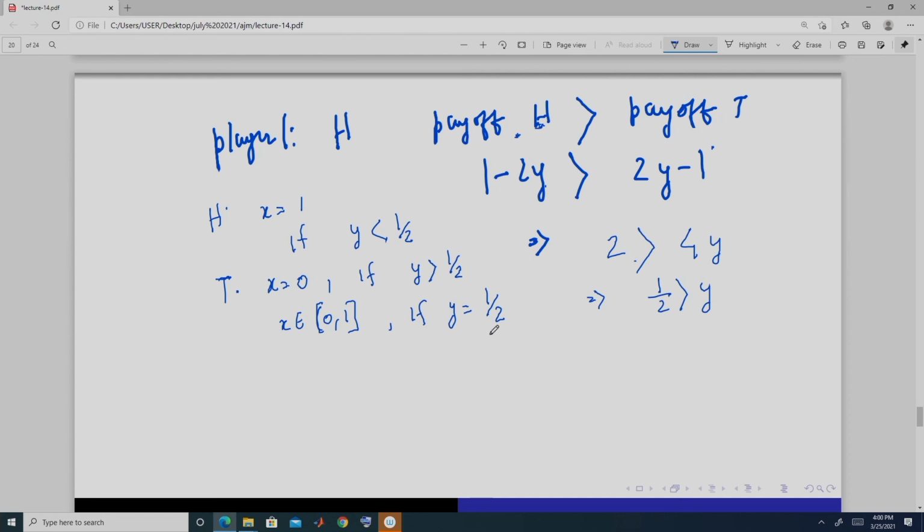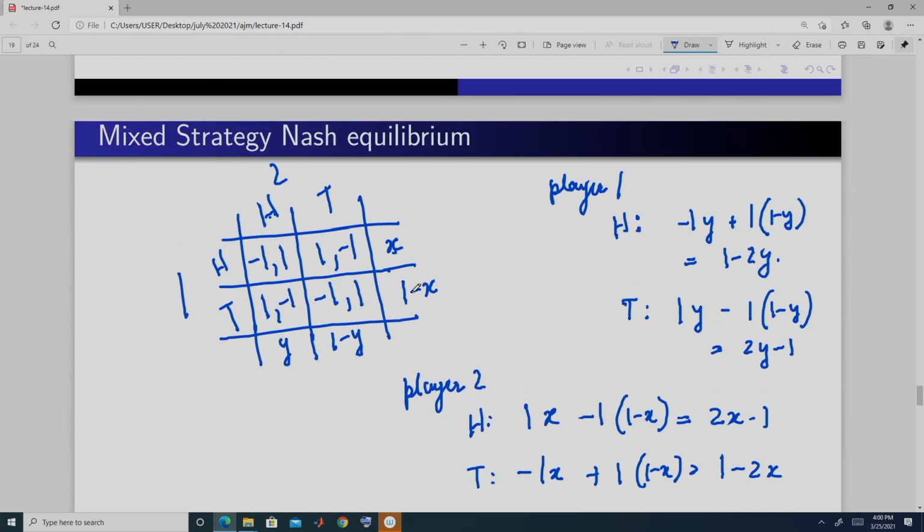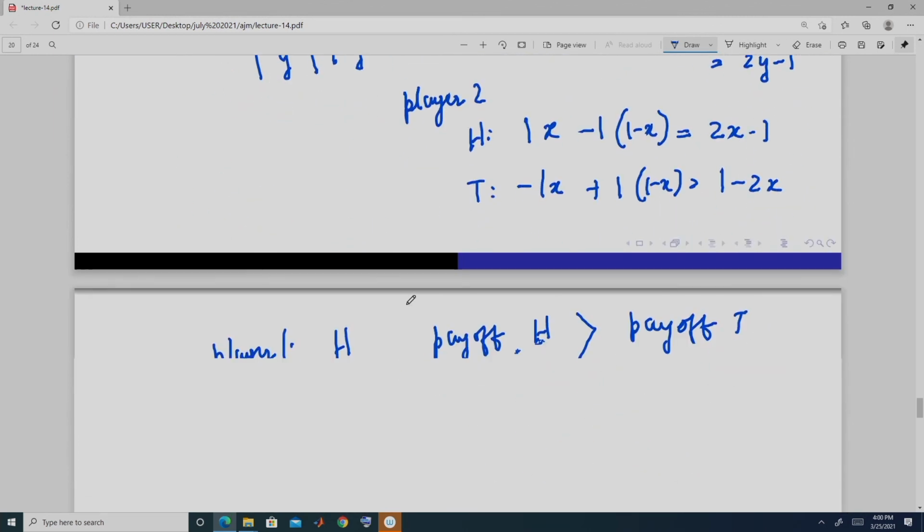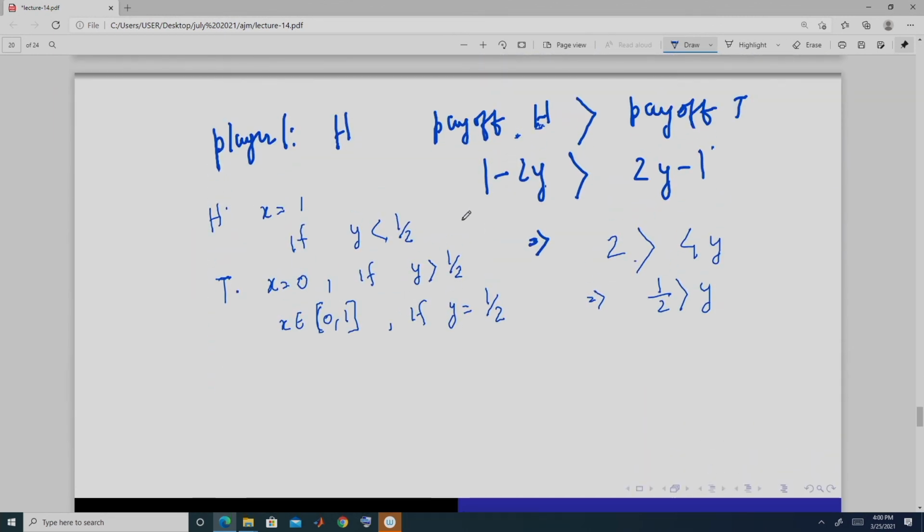Now, if y is equal to half, these two are equal, so it will attach any probability here. So whenever y is equal to half, only then x takes some positive probabilities. Otherwise, x will either take 1 or it will take 0.